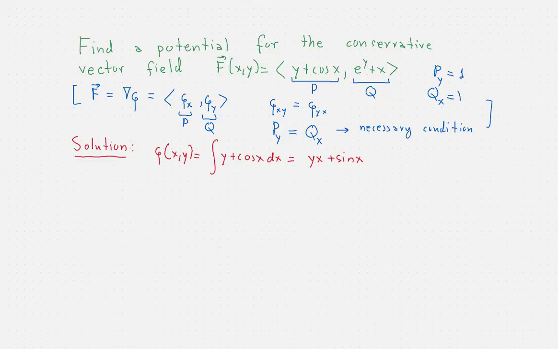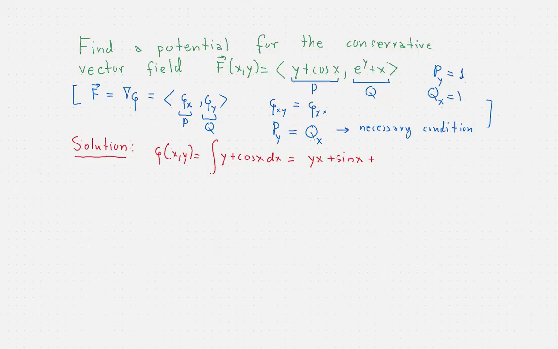But here, it's a partial antidifferentiation in some sense. It's partial integration, if you like, and it's not just constants that disappear upon differentiation. It's also functions of y, since we're integrating with respect to x.